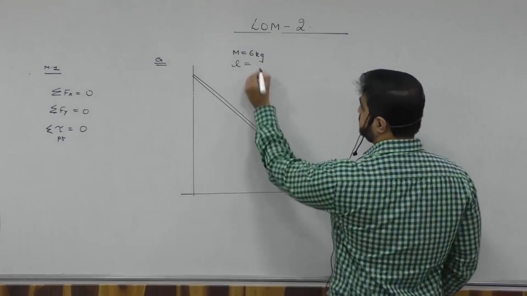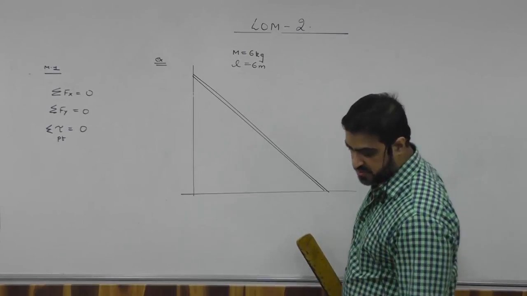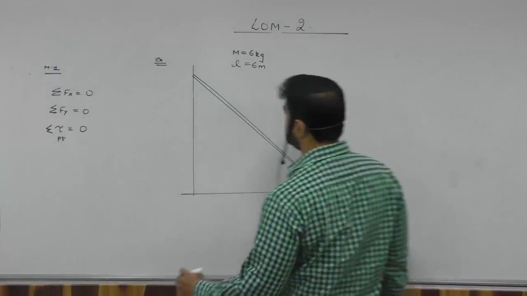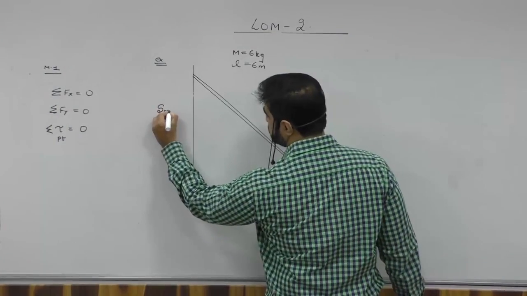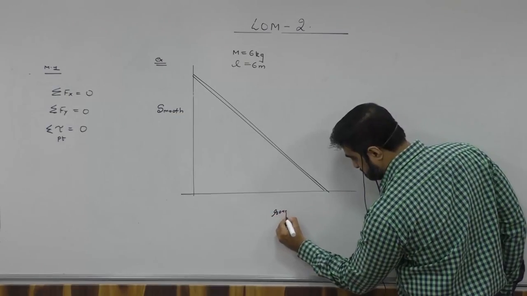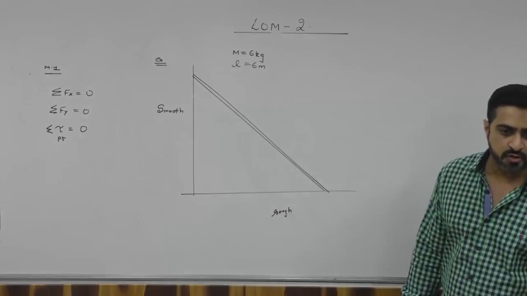The length is 6 meter. Okay. This is smooth surface, smooth wall, and this is rough wall. Both can be rough also. Both can't be smooth. Then you need ropes to tie them.